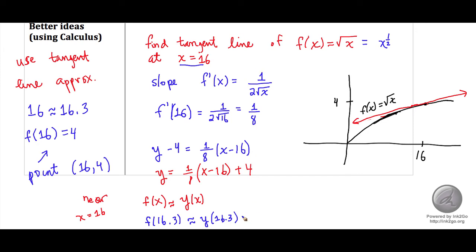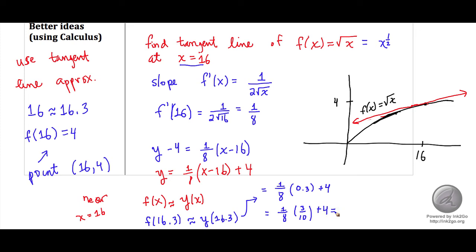And to complete this problem now involves just a little bit of arithmetic. So this would be equal to 1/8 times 16.3 minus 16, so 0.3, plus 4. Let's see, maybe the simplest way is, 1/8 times 0.3 is really 3 over 80, plus 4.